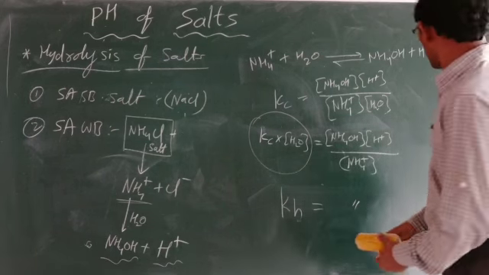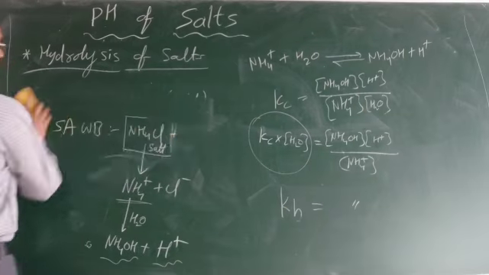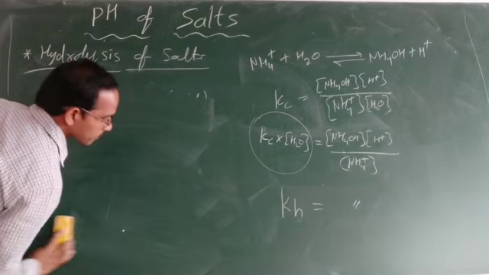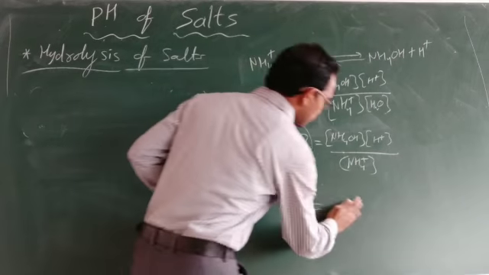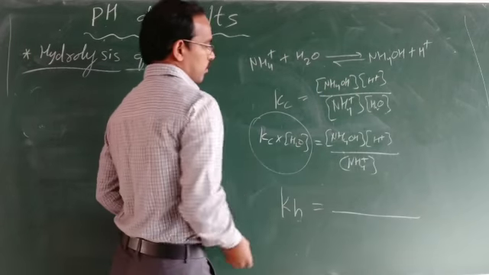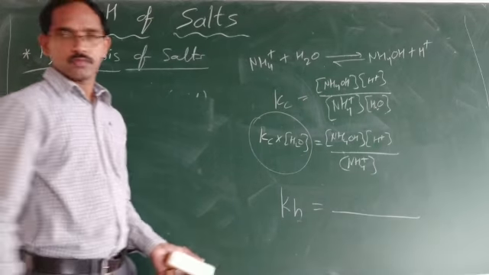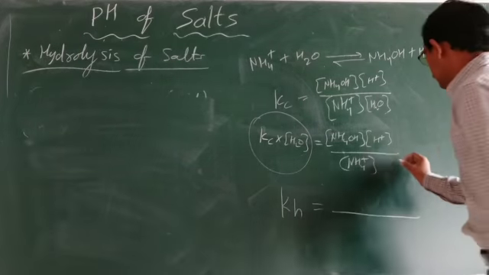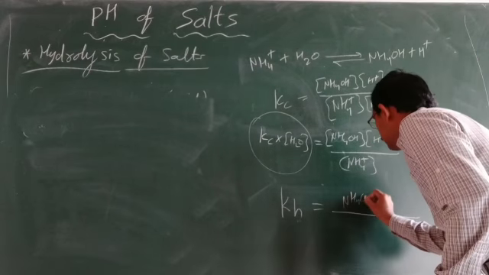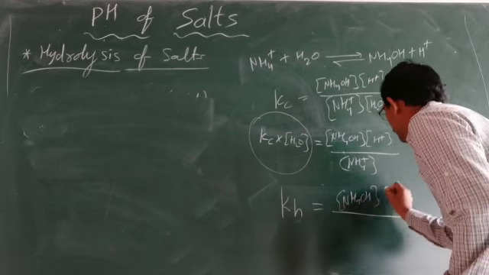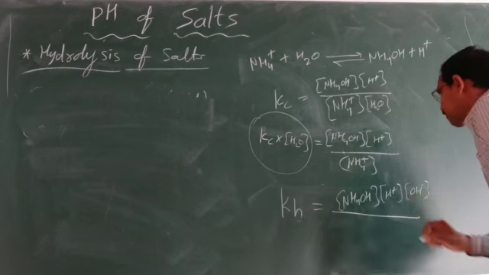Now next step. KH, I can write it here. OH minus, multiplying and dividing. I am dividing here with OH minus, multiplying and dividing. Right? NH4OH, H plus already in there. I am taking an extra OH minus.